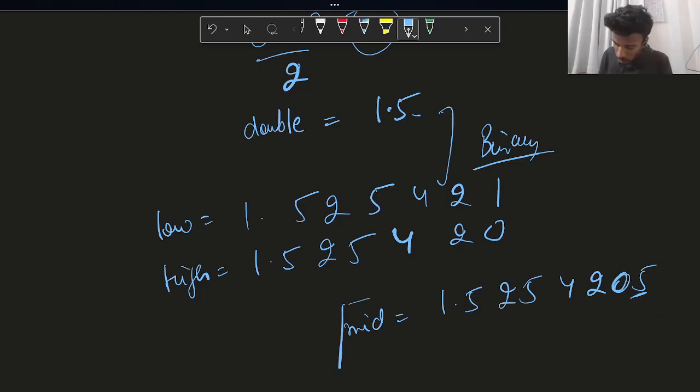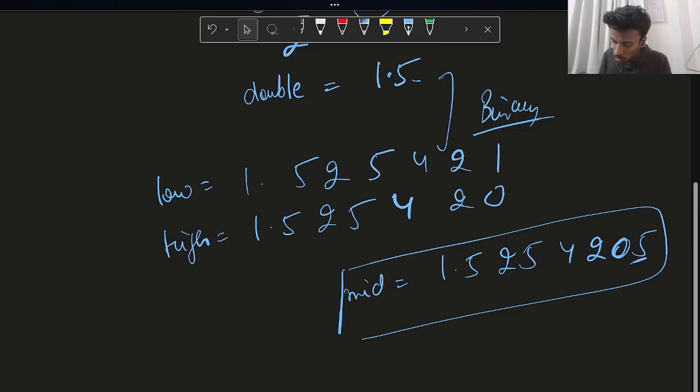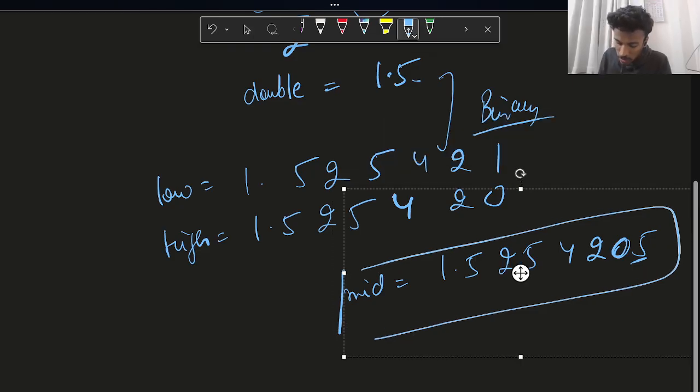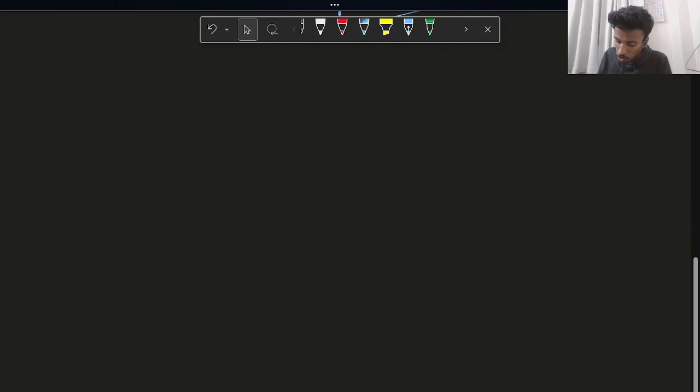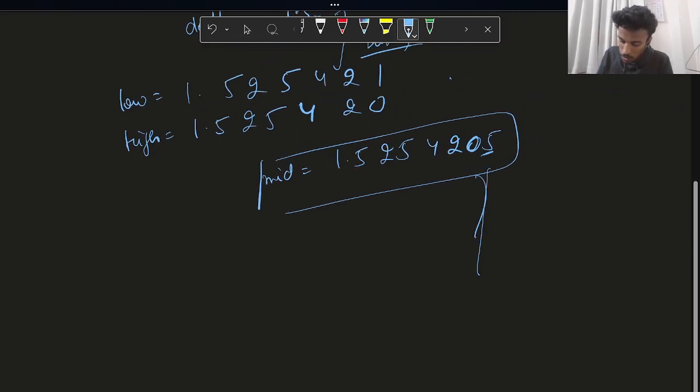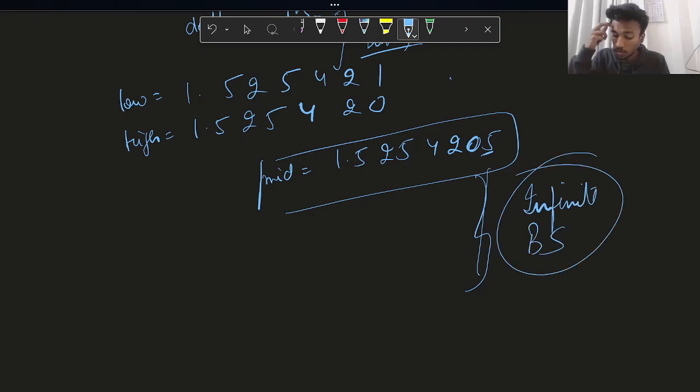Each time, based on this, you will update the value, and again you will get some mid and some high. So this keeps on expanding, and this binary search is infinite, because the number of digits after the decimal can be infinite.